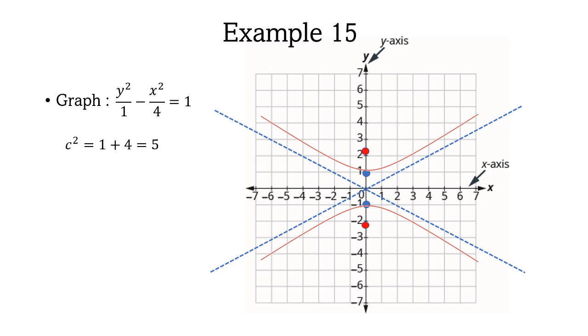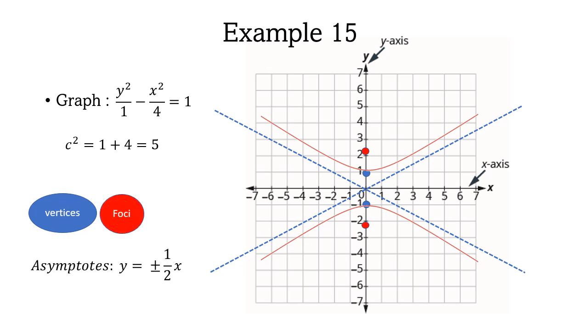Now for the asymptotes, it's plus or minus a over b x, which is 1 over 2 x. So keep in mind, this is my a squared, and this one here is my b squared.